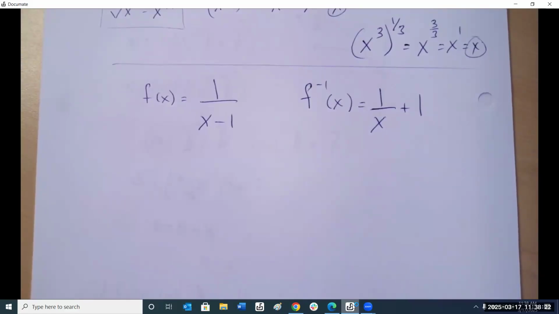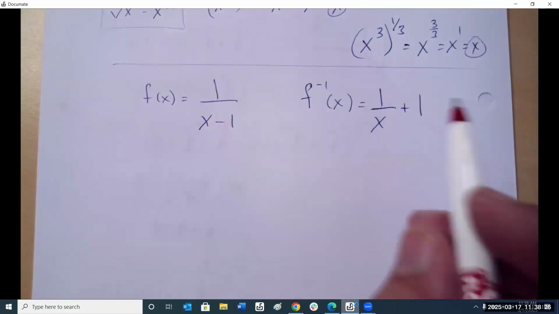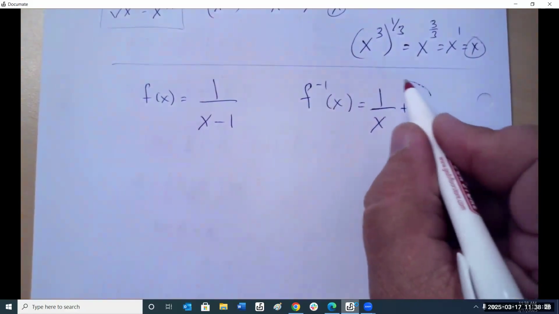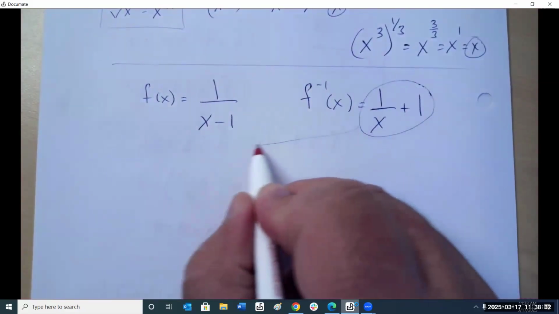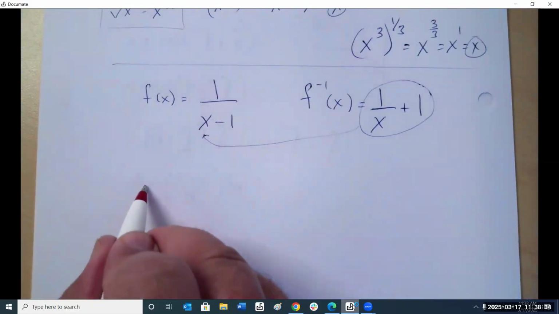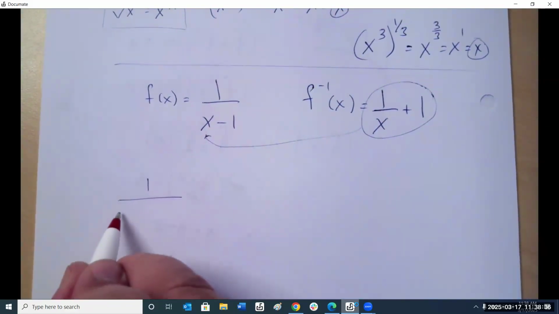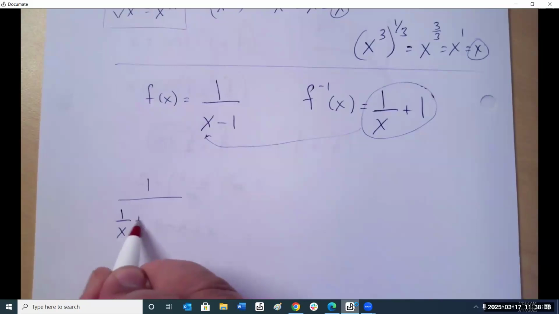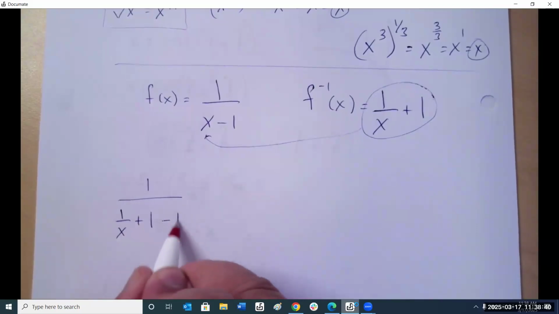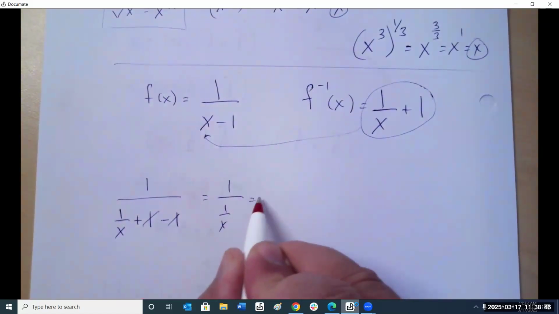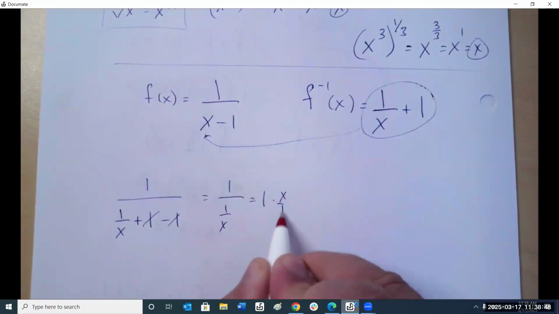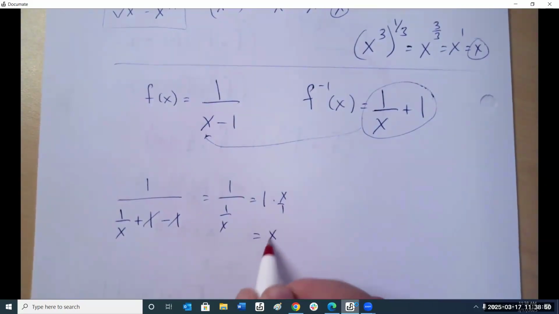Plug the left one into the right one. So take this, put it in place of x. So I have 1 over x plus 1 minus 1. The ones cancel out. And then take the reciprocal of 1 over x, multiply it by 1, and you'll get x over 1 equals x.